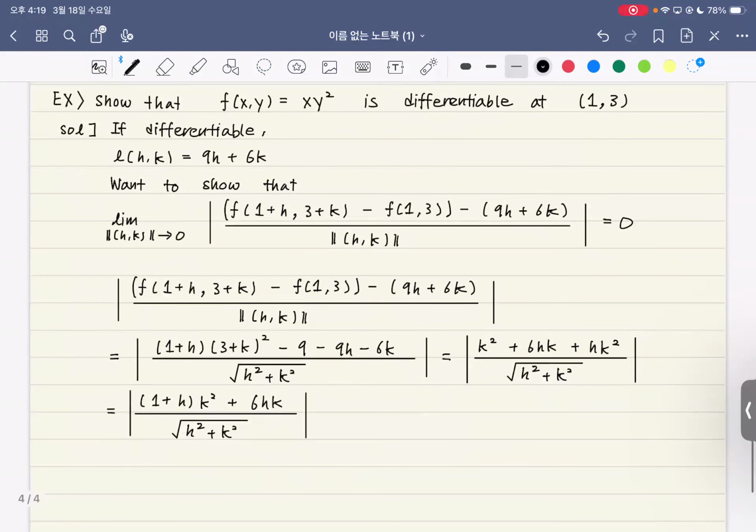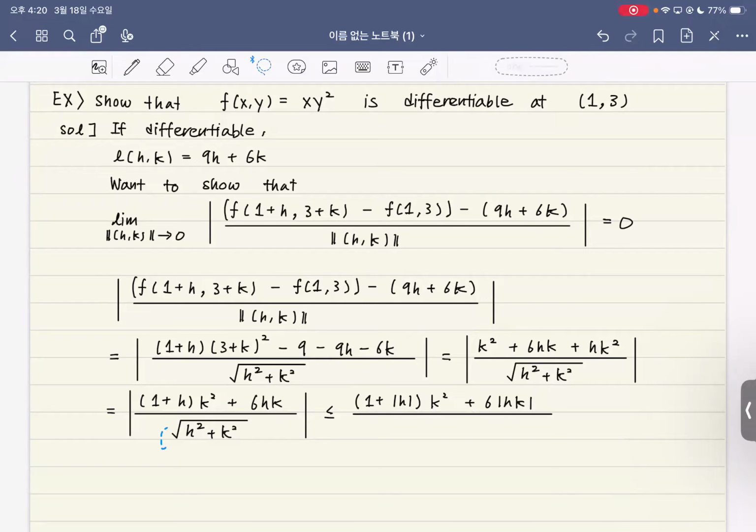And because of the triangle inequality, this is at most |1 plus h| times k squared plus 6 |h| times |k|, divided by the square root of h squared plus k squared.